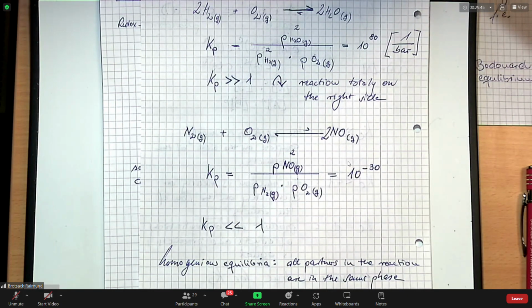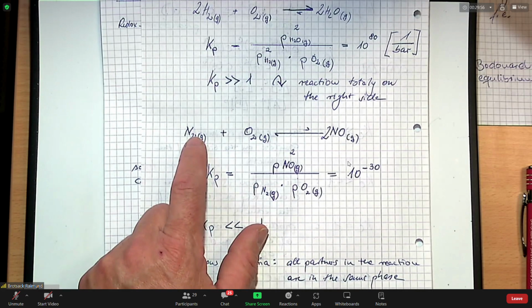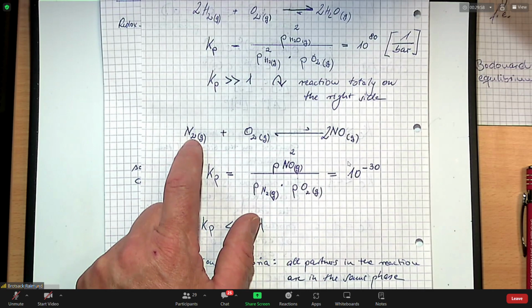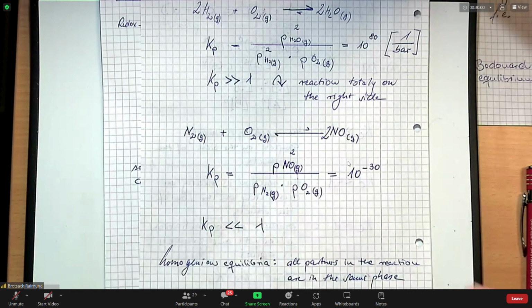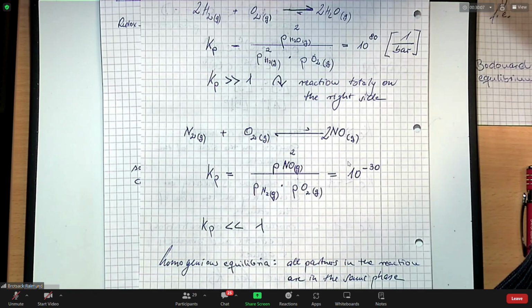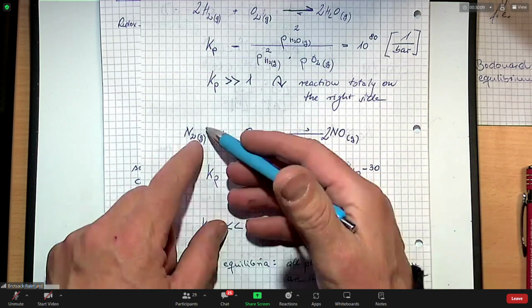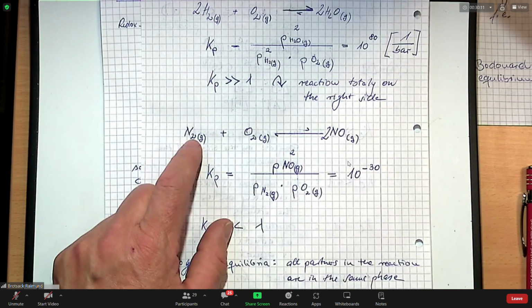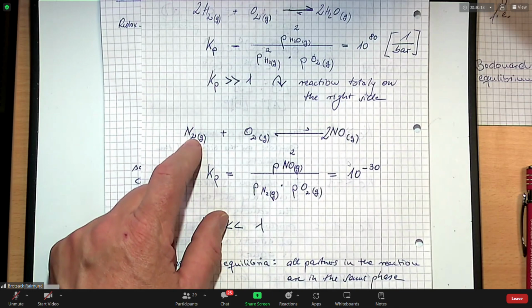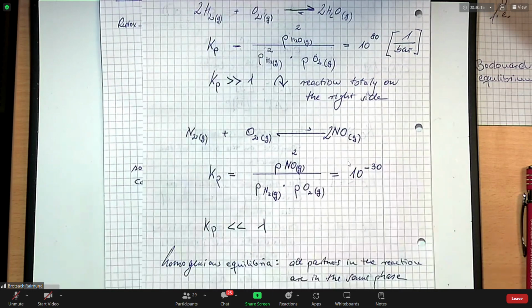Yeah, this equation, not because all of them are in the gaseous form. If you have different forms, maybe it helps. But the partial pressure can. So adding more nitrogen means the partial pressure is increased. Just increasing the pressure in total works on all the different components, so that doesn't change anything. But here, adding more nitrogen, the partial pressure of nitrogen is increasing, then of course it helps.